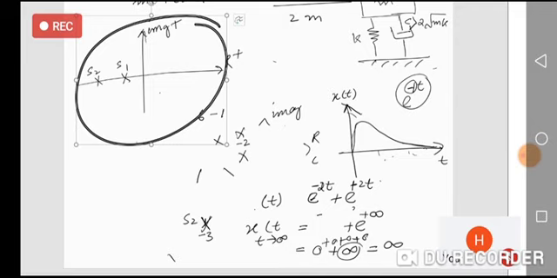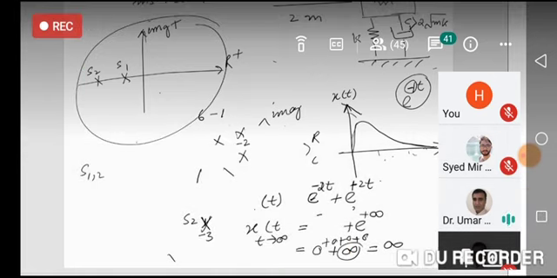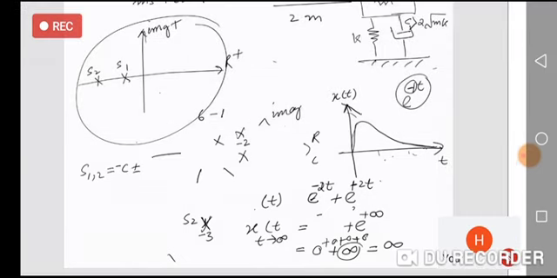For critically damped system, let's suppose S1, S2 equals minus C plus minus square root of C square minus 4mk, divided by 2m. Now this component becomes equal to 0.